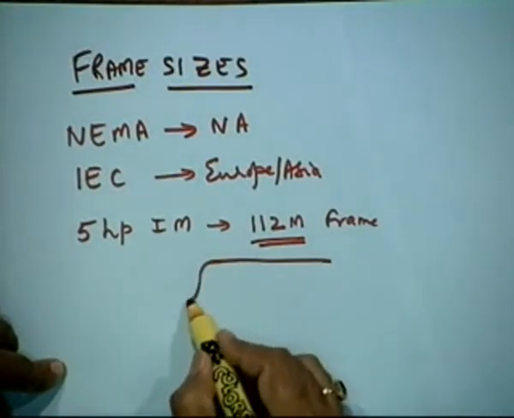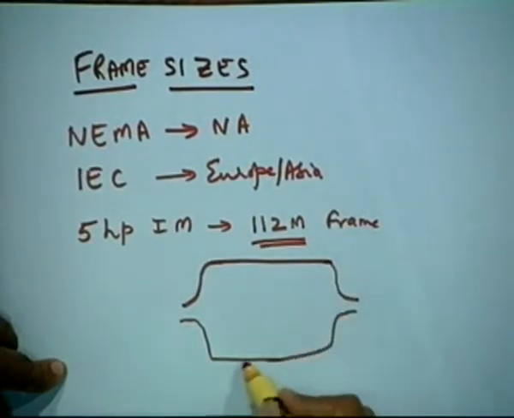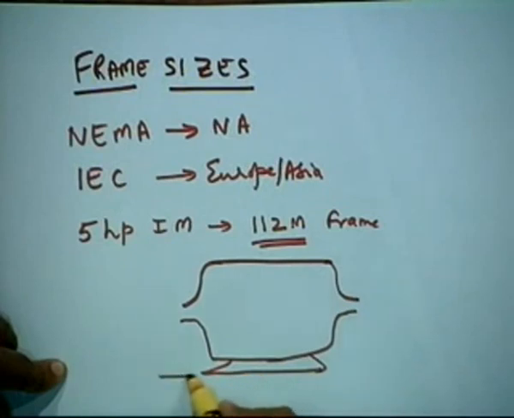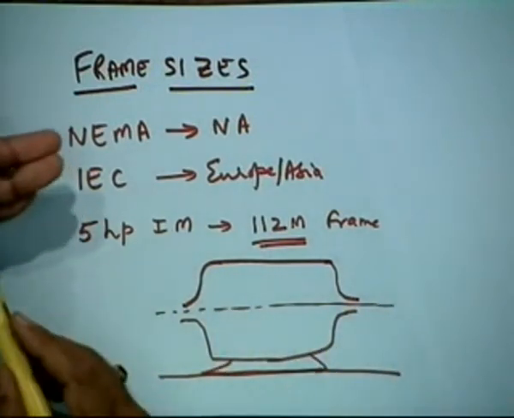After all, a machine will typically look like this, right? Let us say this is the machine and this is the shaft. Okay.